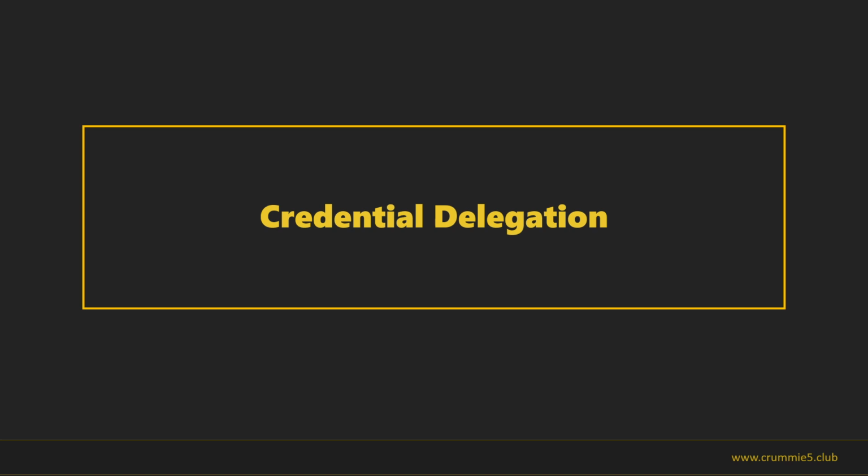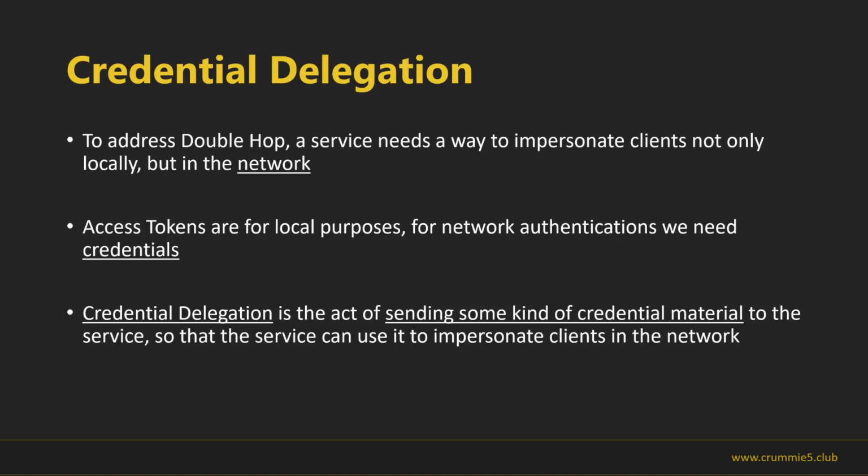So how can we fix this problem? With credential delegation. Credential delegation is the act of sending credentials to the service so that the service can act on behalf of its clients.